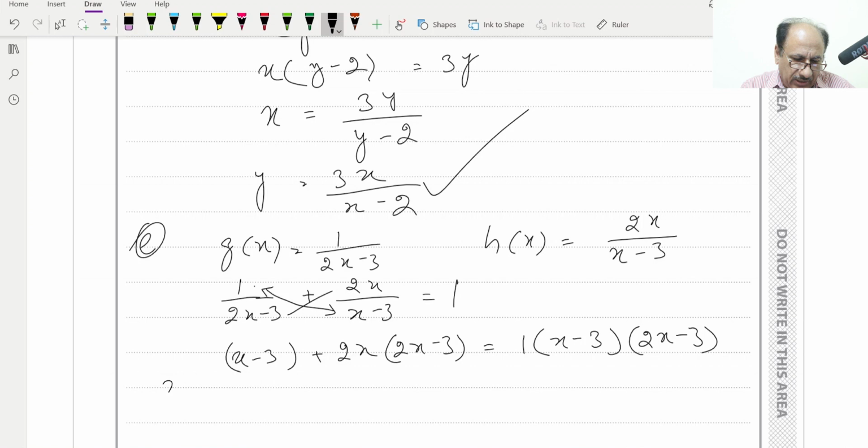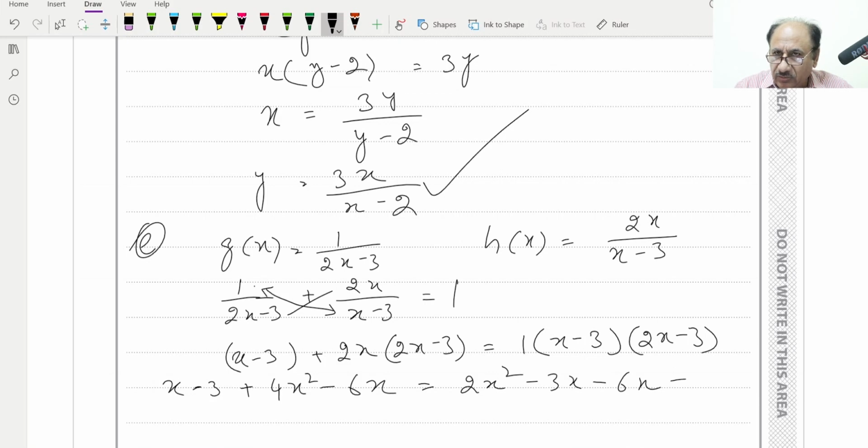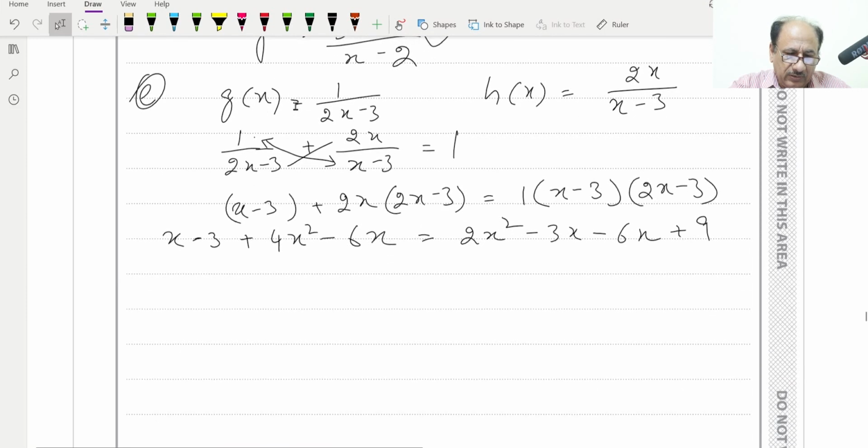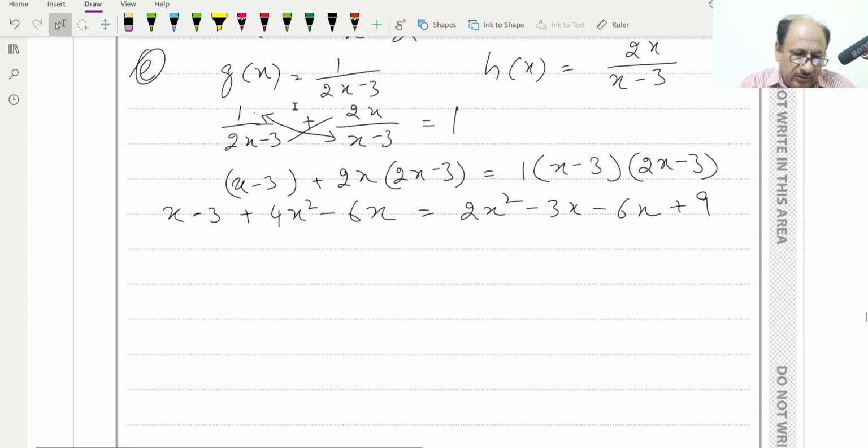First we'll open the brackets, so x minus 3 plus 2 into 2 will be 4, so 4x squared minus 6x, is equal to x into 2x which will be 2x squared, then x into minus 3 will be minus 3x, and minus 3 into 2x will be minus 6x, and minus 3 into minus 3 will be plus 9. And now we will simplify this.